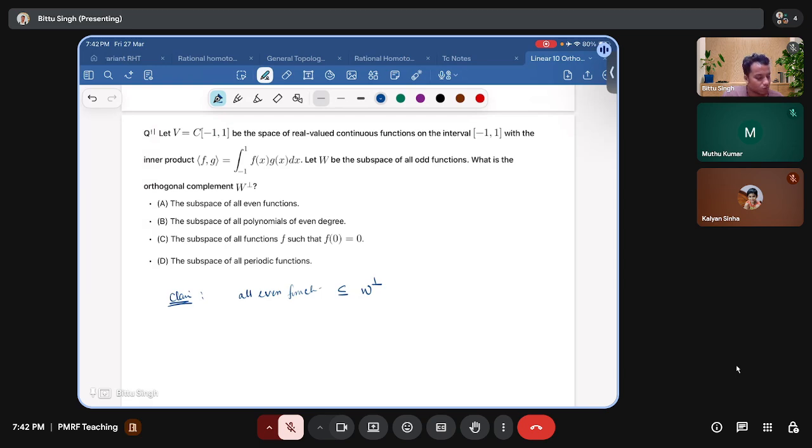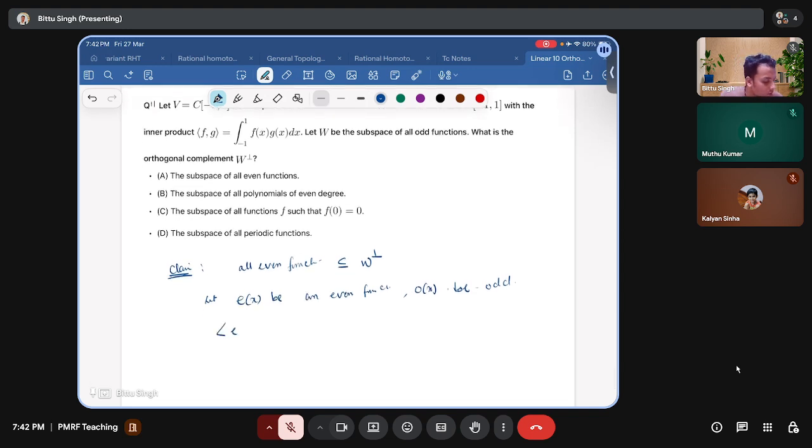So if we choose an even function E(x), we need to prove the following. Let E(x) be an even function and O(x) be an odd function, respectively. Then we need to prove that their inner product, E(x), O(x), is zero.